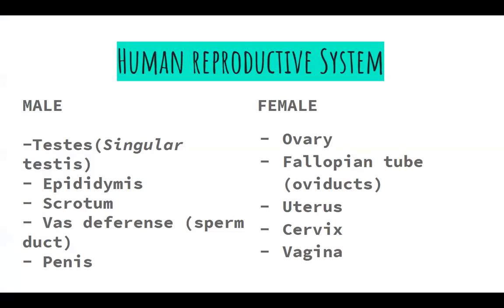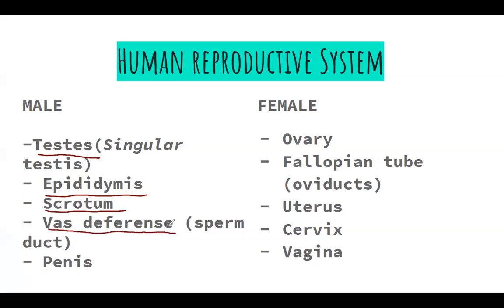So, as we said, males and females have different structures of their reproductive system. The structures of male individuals contain testes, epididymis, scrotum, vas deferens, and penis.